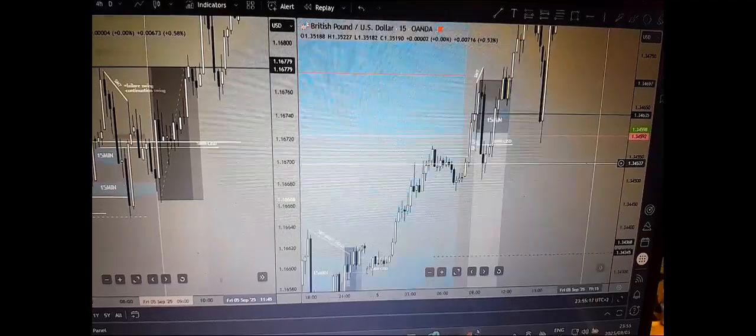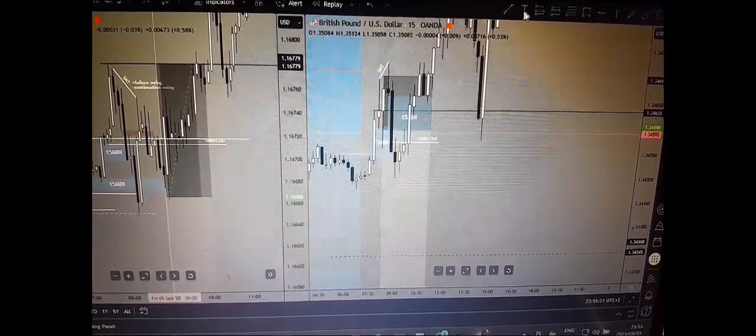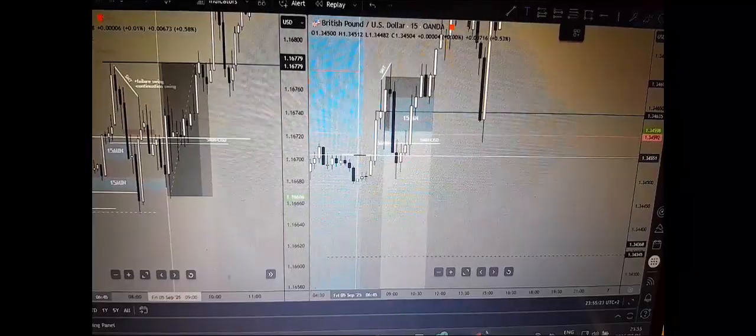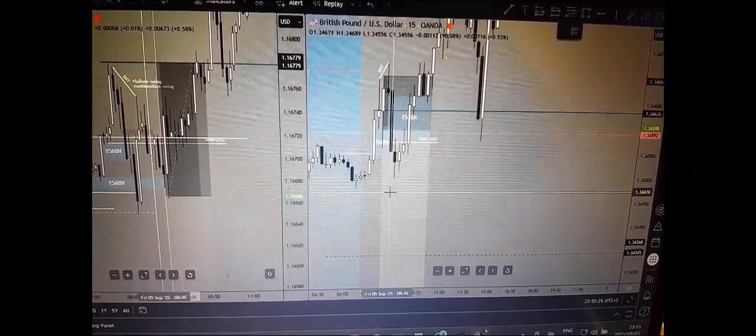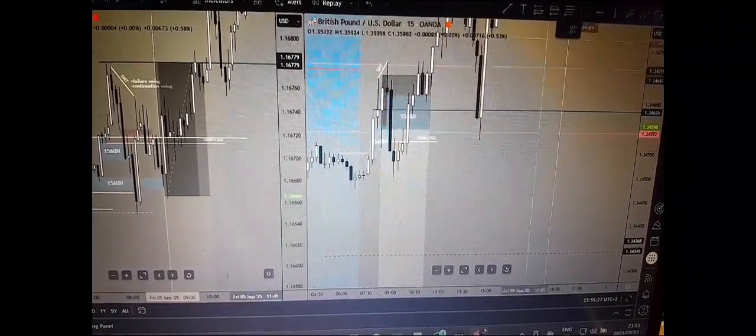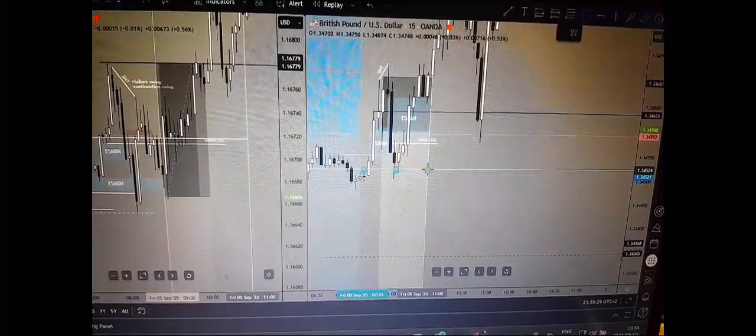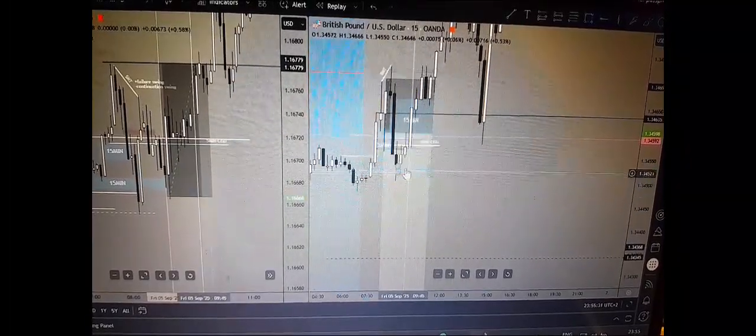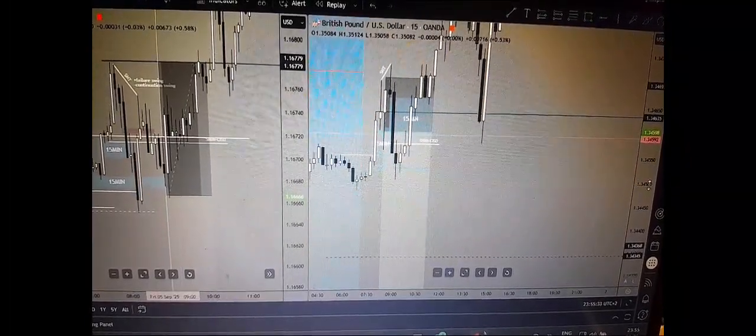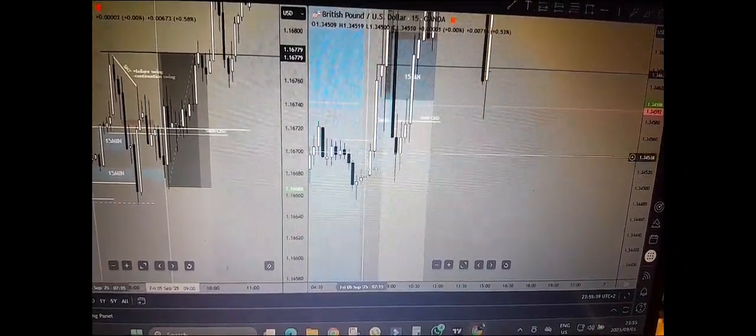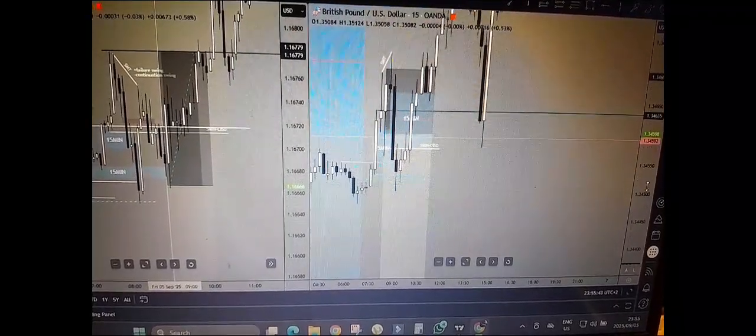So you can see on the 15-minute, right, there's that bullish change in state on the 15-minute. Price traded into it, but as you can see, price also traded into that 15-minute FEG over there. So price traded into a 15-minute FEG while respecting this 15-minute bullish change in state.